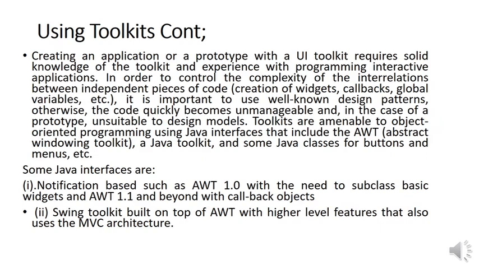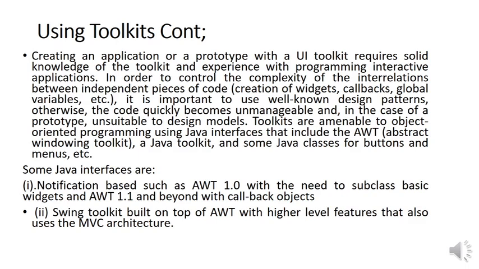Creating an application or prototype with a UI toolkit requires solid knowledge of the toolkit and experience with programming interactive applications. In order to control the complexity of the interrelations between independent pieces of code, such as creation of widgets, callbacks, and global variables, it is important to use well-known design patterns. Otherwise, this could quickly become unmanageable.